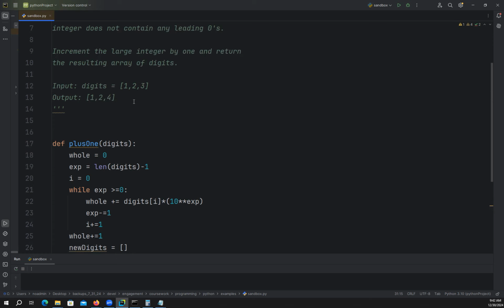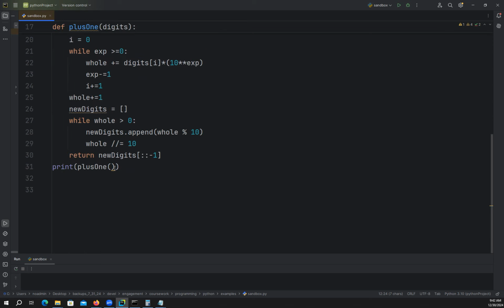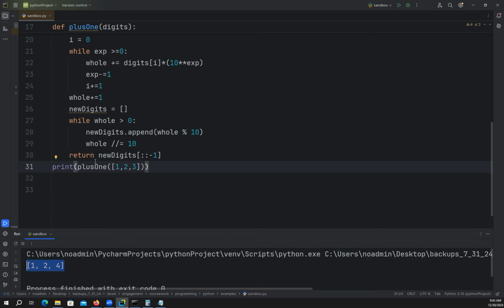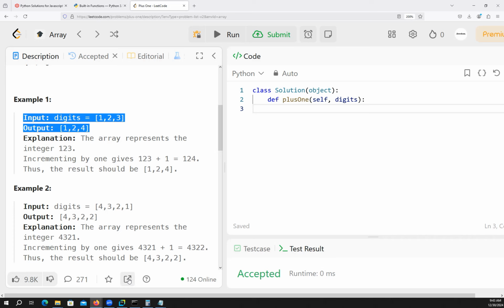Yeah, we can use 123. Plus 1 should get a 124 in list form. So I'll run it. There we go. Awesome stuff. 123 becomes 124. Let's throw another test case in here.